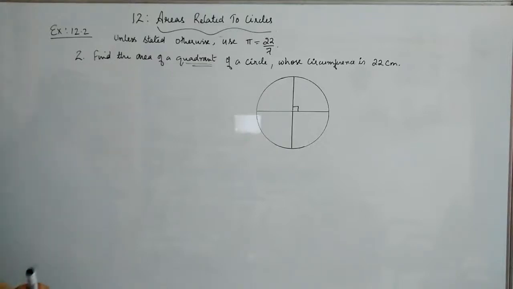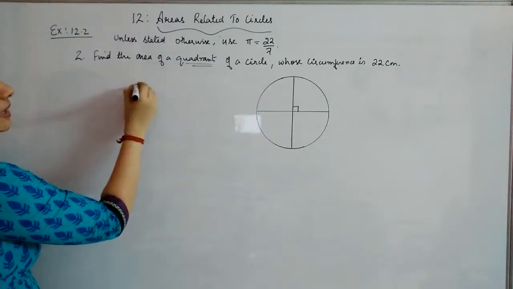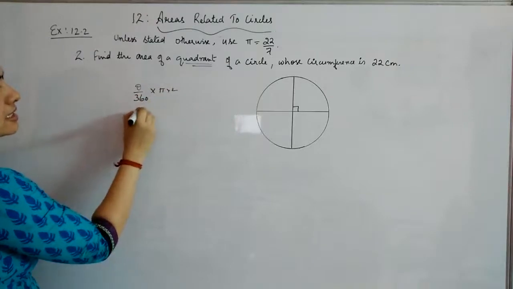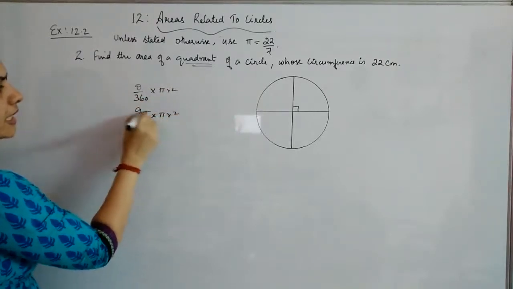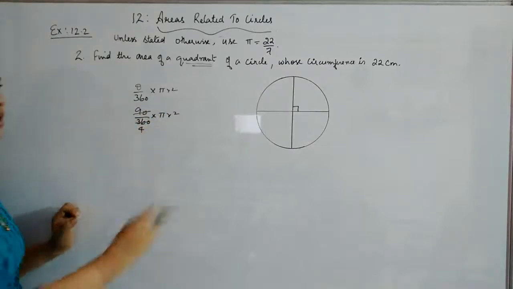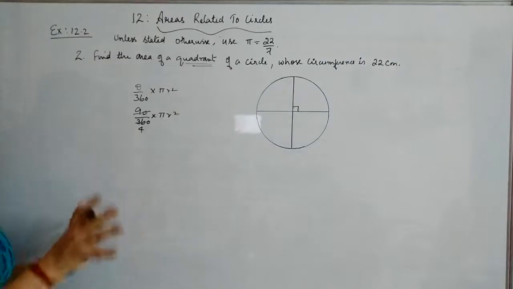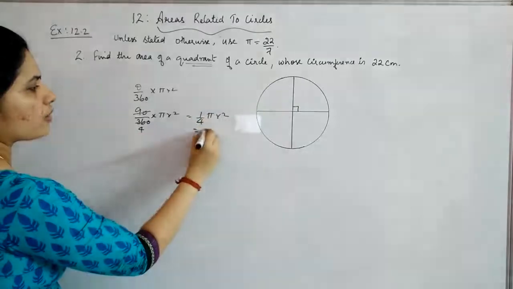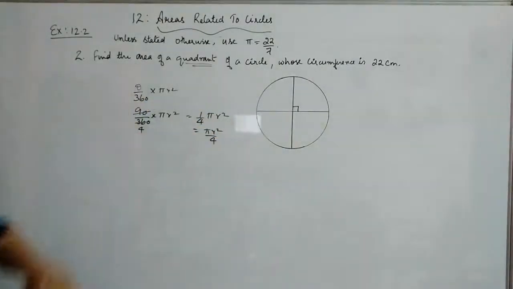Or else the easiest method is, area of the quadrant will be theta by 360 into pi r square, means theta is 90, so 90 by 360 into pi r square, right? And 90 by 360 will give you 1/4. Here I have told already that quarter portion means 1/4 of the total area. So you are directly getting 1/4 of pi r square, or pi r square by 4 will be acting as a formula for area of a quadrant directly. So that you can use here.